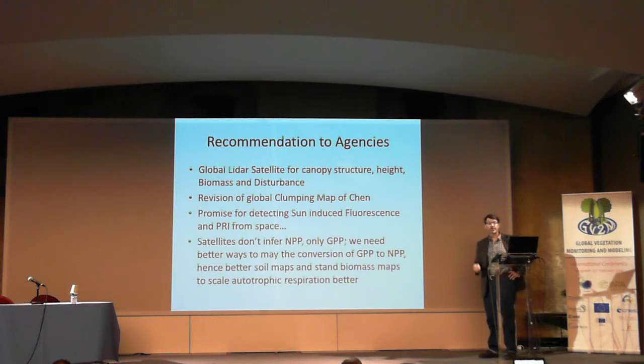A lot of promise with fluorescence. We saw some talks on that, and I've been associated with Joe Berry and Christian Frankenberg on some new proposals, so I'm learning from them that it's pretty cool. And I think I stressed already that satellites don't infer NPP, they only infer GPP. So we need better ways to convert GPP to NPP, and that takes soil maps and stand inventory maps to get better estimates.